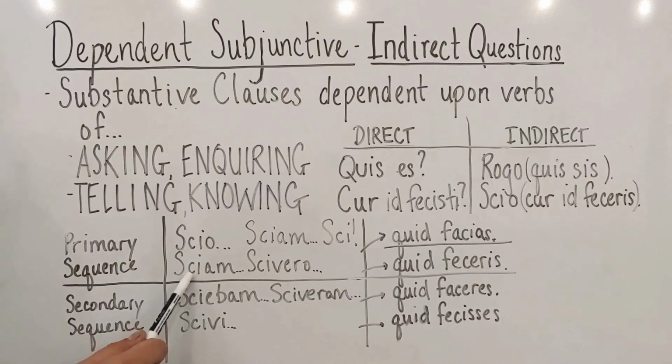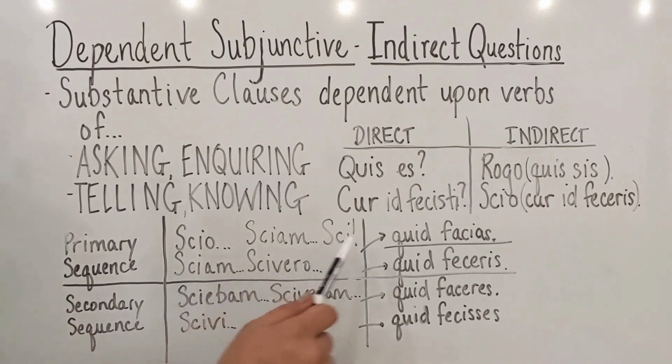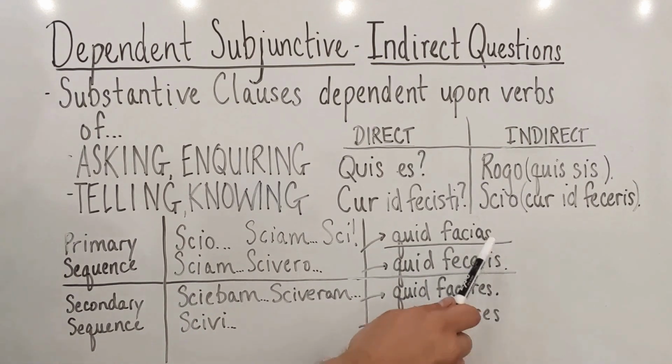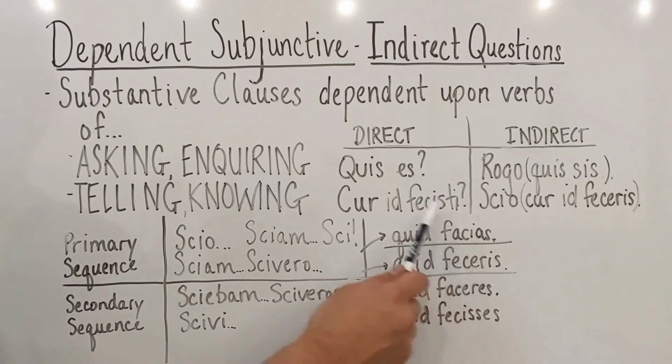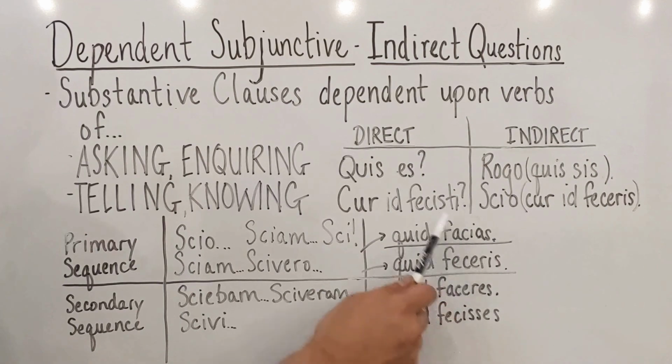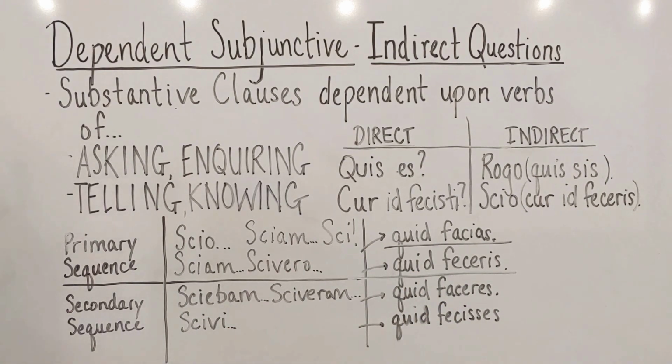So in the future time, I will know what you are doing. I will know what you did, what you have done. Present subjunctive for contemporaneous or subsequent action to the main verb. Perfect subjunctive for prior action to the main verb.